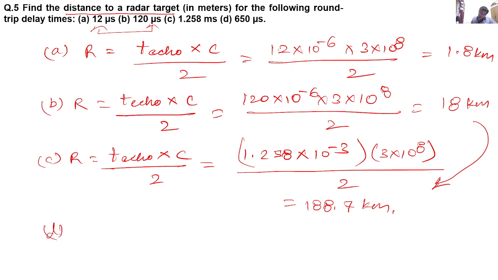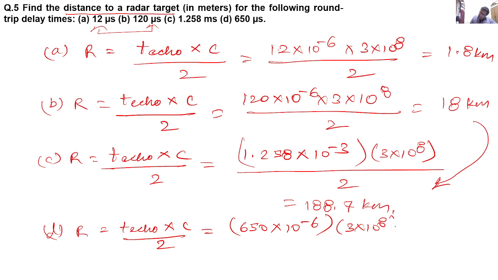And last question, R is again T echo times C by 2, 650 microseconds, 650 into 10 to the power minus 6 seconds times 3 into 10 to the power 8 meter per second by 2 again, and that comes out to be 97.5 kilometer. So we are done with this question. It was very straightforward.